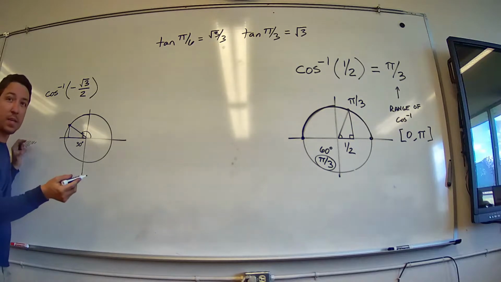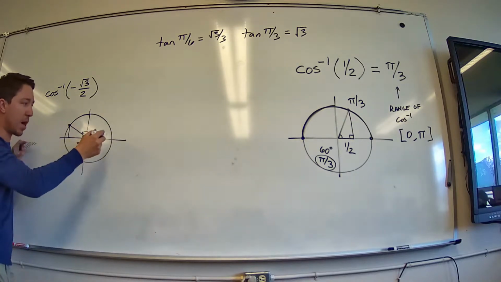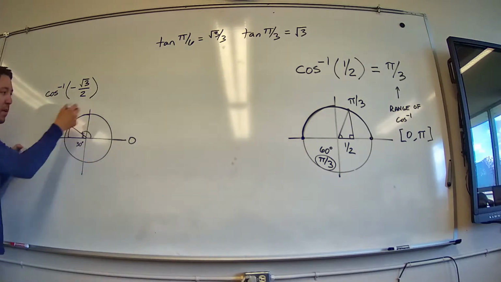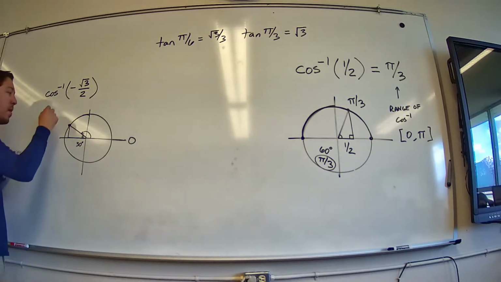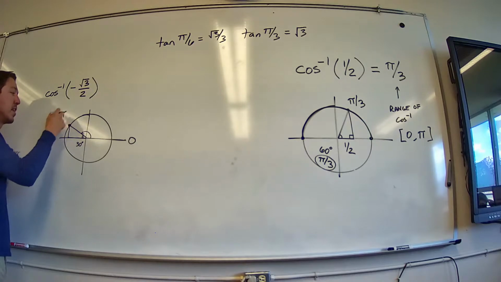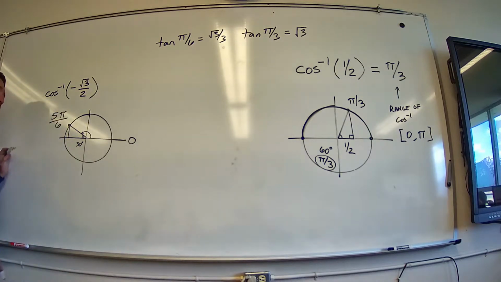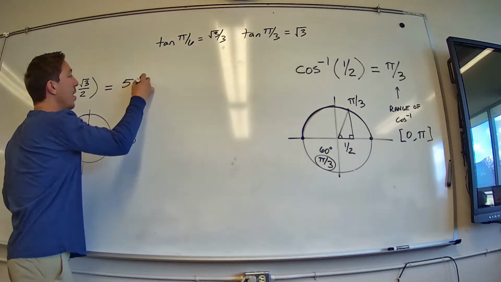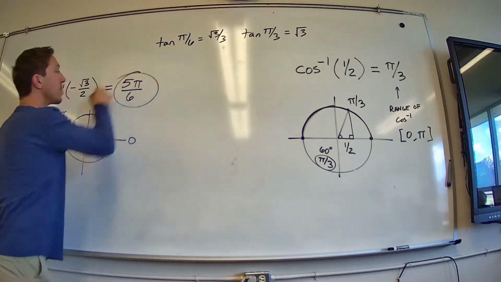Or 1/6 of pi. But ultimately the angle that I'm talking about is in reference to this starting point. So how far over did I really go? 5/6 of pi is how far I went. So the answer is 5 pi over 6.